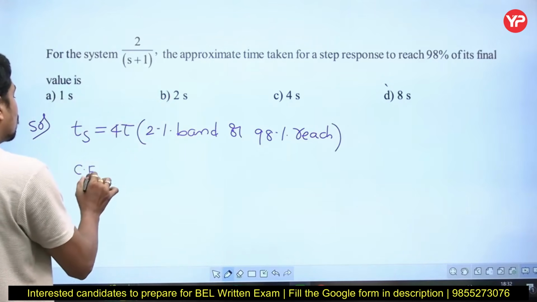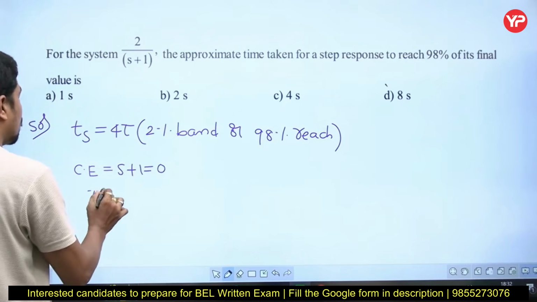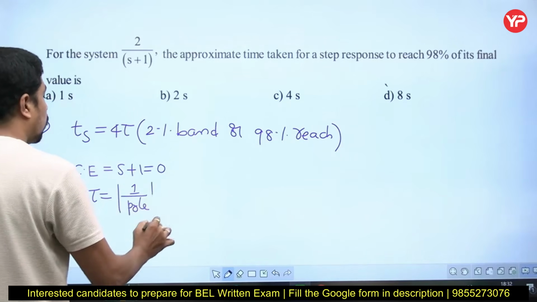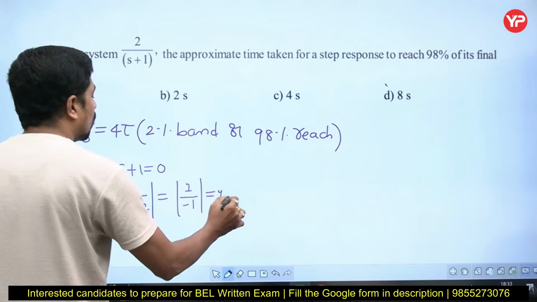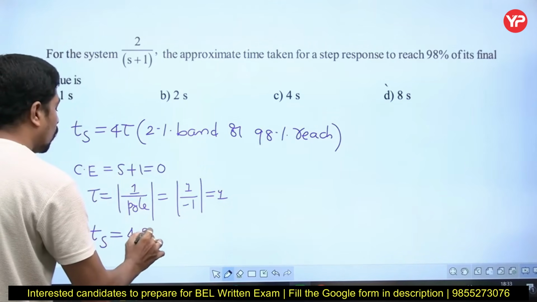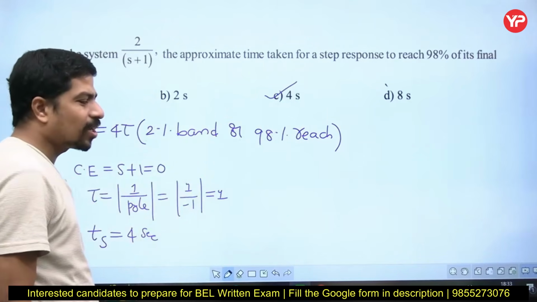The characteristic equation is s plus 1 equals 0. Time constant is equal to mod of 1 by pole. The pole is minus 1, so 1 by minus 1 gives time constant 1. Settling time is 4 tau, 4 into 1, which is 4 seconds. The answer is 4 seconds, choice C. Direct question.